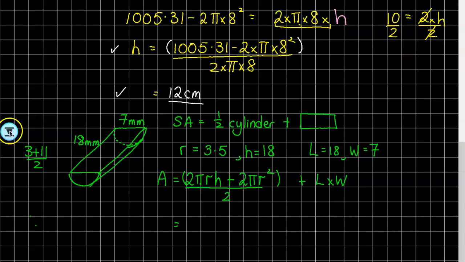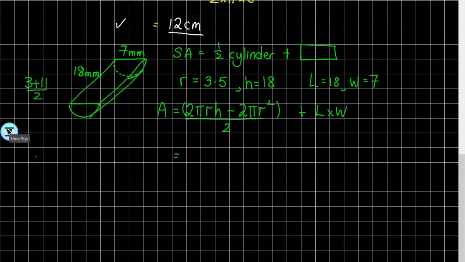How many times have I seen that happen? Quite a lot. So 2 times pi times 3.5 times your height, which is 18. If you're talking to the person next to you while you're doing this, then you will forget a number. You will put just times 3.5 and you forget the 18. So you do have to actually concentrate.